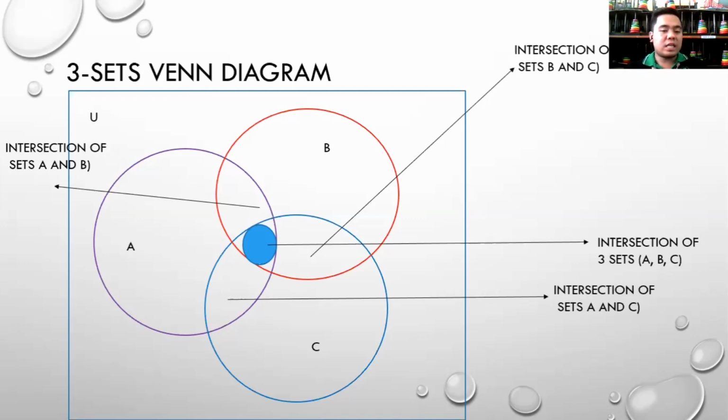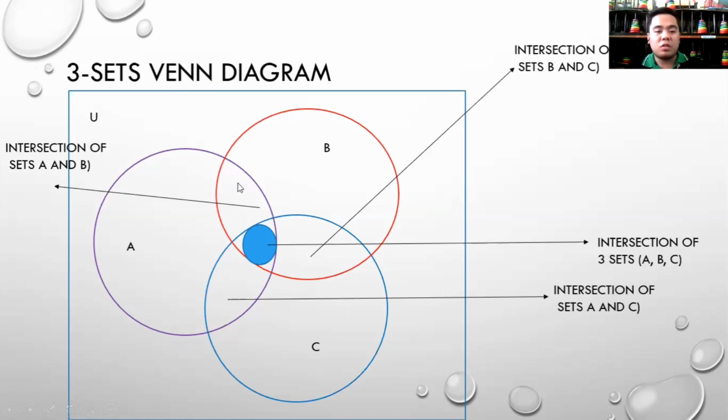Tapos, itong set A and set C, yung part na nag-intersect yung set A at set C, yung violet at blue, this is the element that is common in set A at common sa set C. Ito naman, B at C, is the element na meron sa set B at meron sa set C pero wala sa set A. Sila lang dalawa ang nag-share.